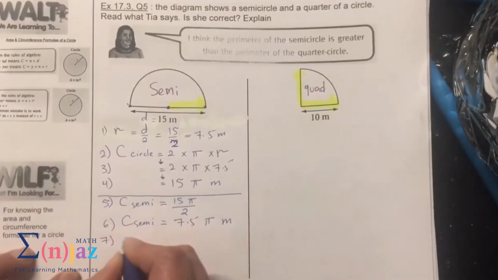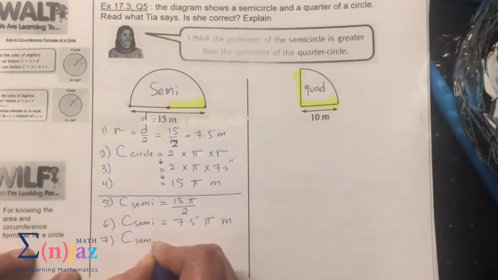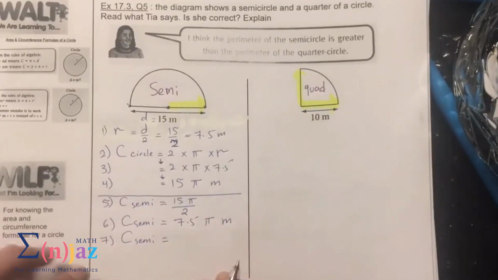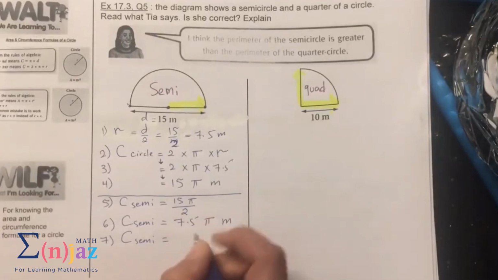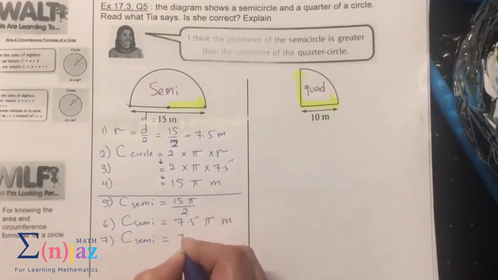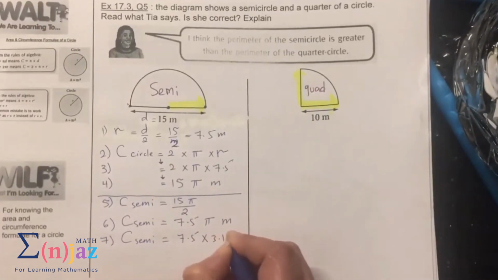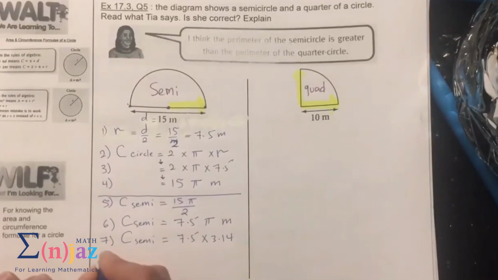Step number 7, it's going to be the circumference of the semicircle. We're going to replace pi by 3.14. So 7.5 times pi is 7.5 times 3.14. Unfortunately, I won't be able to show the calculations here.